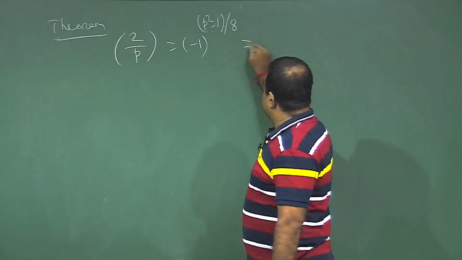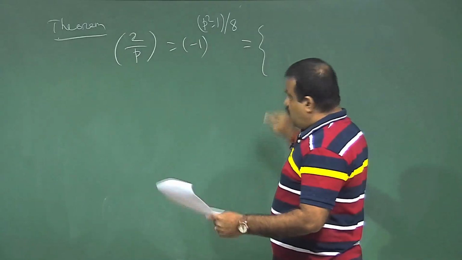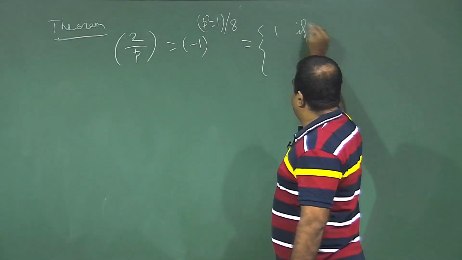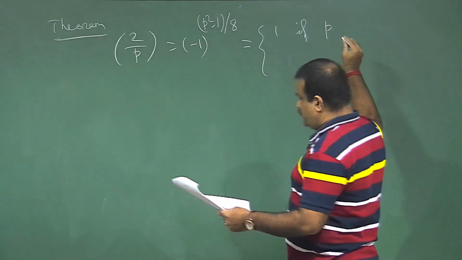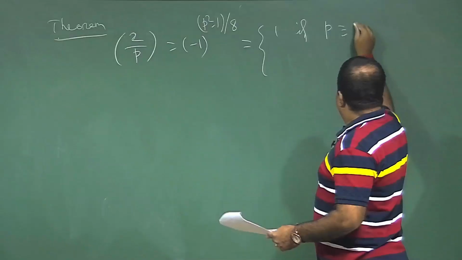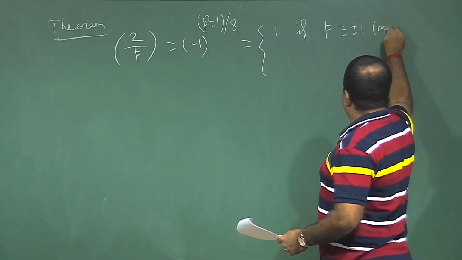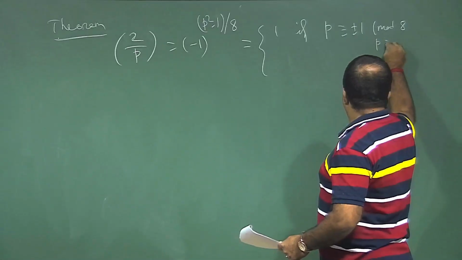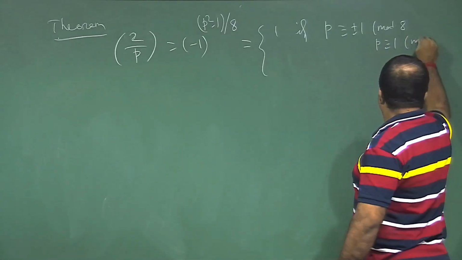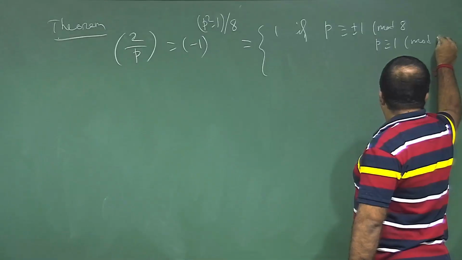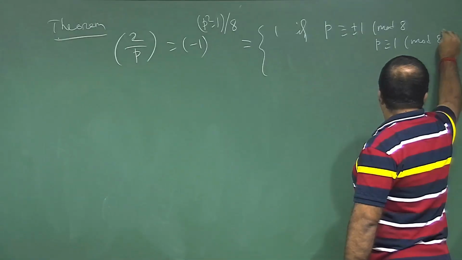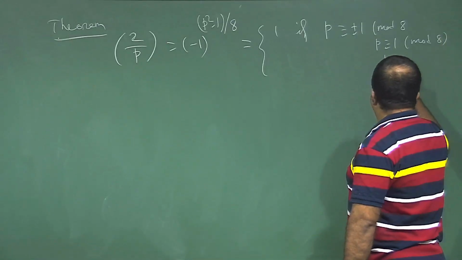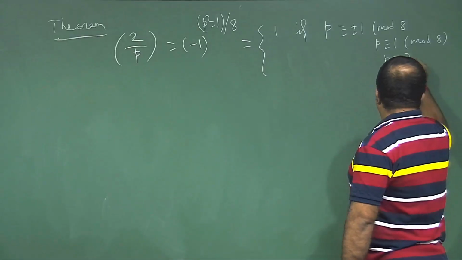This is 1 if p is congruent to plus or minus 1 mod 8, that means p is congruent to 1 mod 8 or 7 mod 8, and it is minus 1 if p is congruent to plus or minus 3 mod 8.